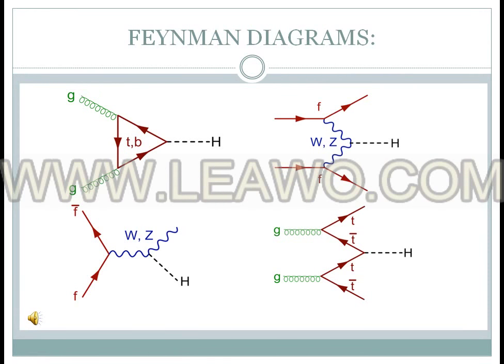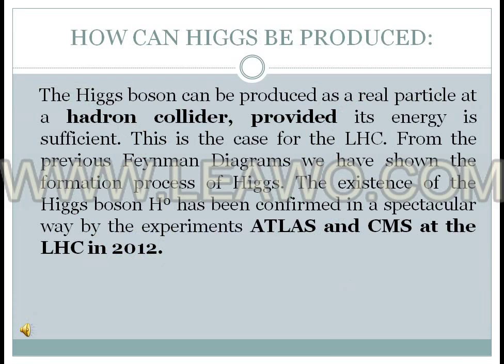Here are a few Feynman diagrams showing the production of the Higgs boson. So this brings us to our next topic, how can Higgs be produced? The Higgs boson can be produced as a real particle at a hadron collider, provided its energy is sufficient.